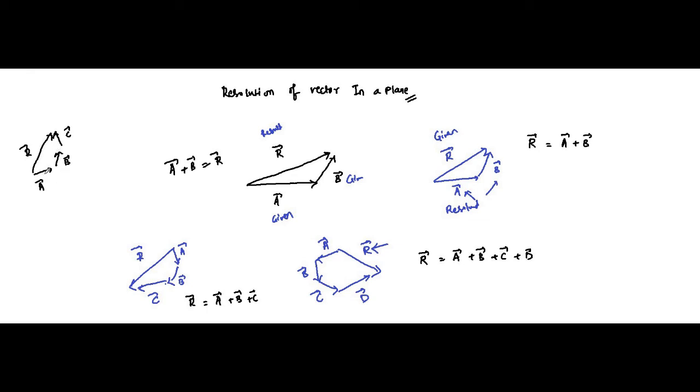First, joining the head and tail of a number of vectors to get the resultant vector, or dividing any given vector, or resolving, splitting any given vector into multiple component vectors. Both are useful, both have their own uses in various fields for various types of analysis and all other things. So this is the basic concept.